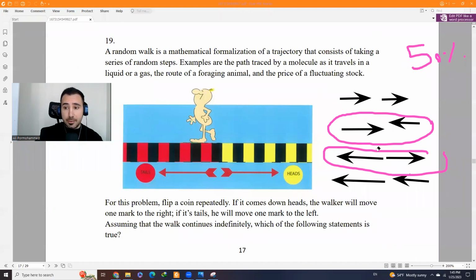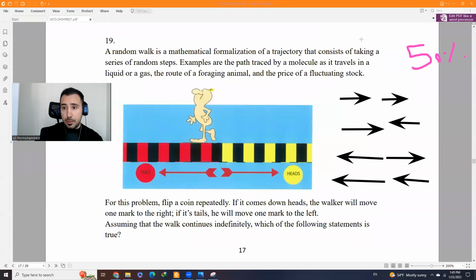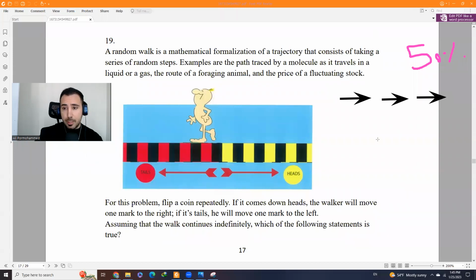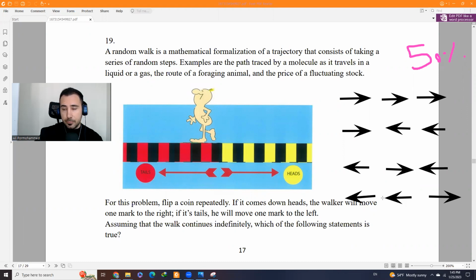Now, what if we have 3? Okay. If we have 3, let's write it here. I'm going to write all of them. We have right. That's 1 move. And we have 1 right here, 1 right here, 1 right here. Okay, so it's going to be 2 lefts here, 2 lefts here, and 2 lefts here.